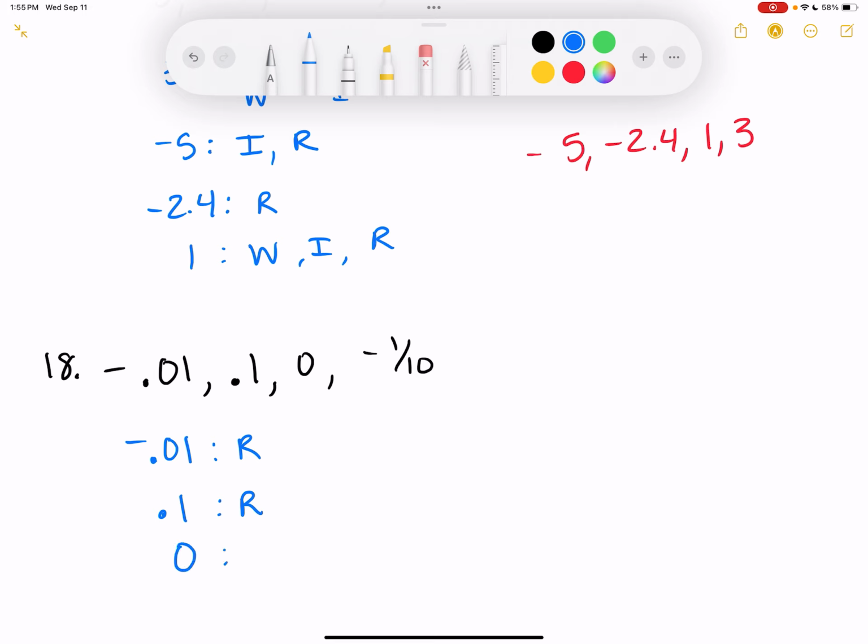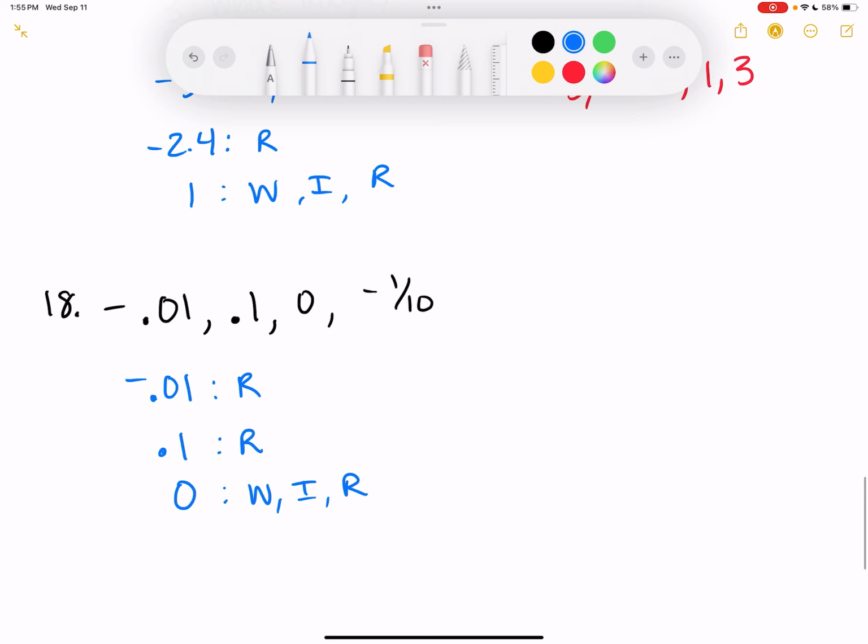All 3. Yep, it's all 3. Whole number, integer, and rational. And -1/10. That'd be just rational.